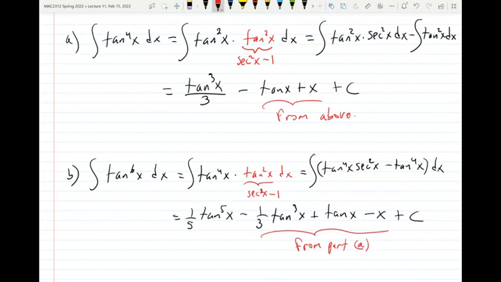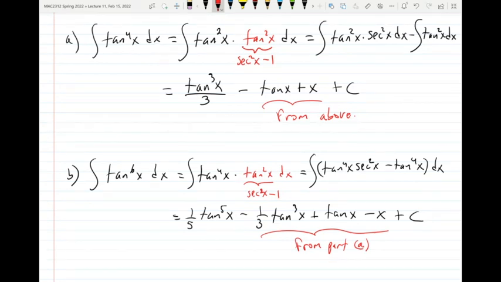You see the powers are odd. So if it was tangent to the 8, what would be the answer? It would be that, and then with a 1/7 times tangent to the 7th x. So 1 over 7 tangent to the 7, but then you need to do minus all of this. So you have to change the sign. Minus, plus, and so on.